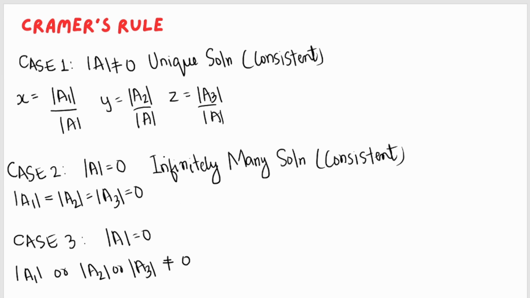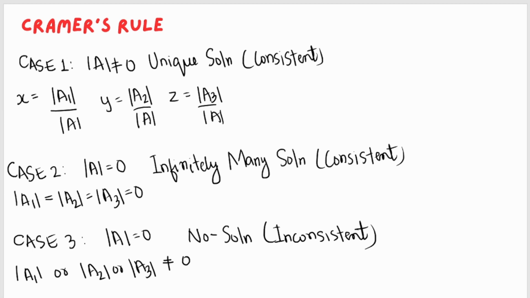That is a case of no solution. That will be the case of no solution, which is inconsistent. I hope this point is clear. That is what Cramer's rule is.